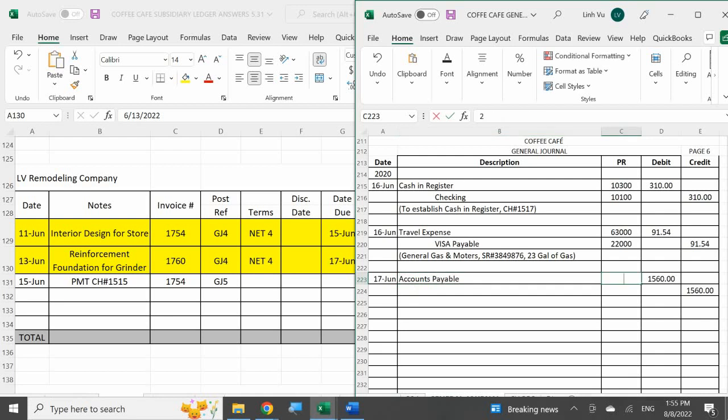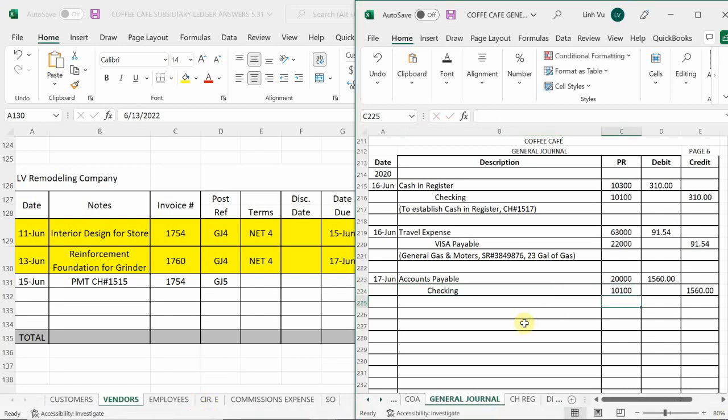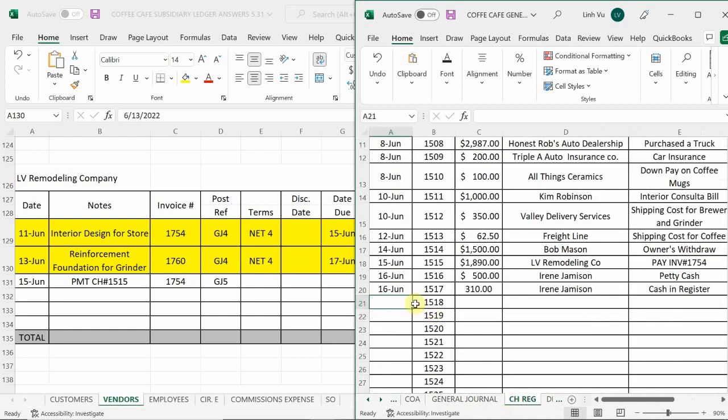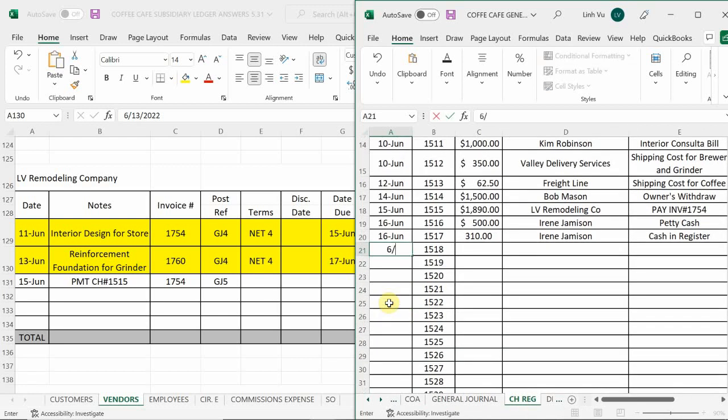And we're crediting cash because we're writing a check. And then go to your check register, and we're writing the check to LV Remodeling Company.